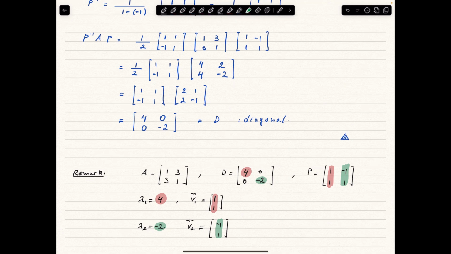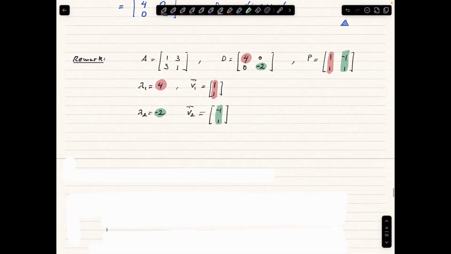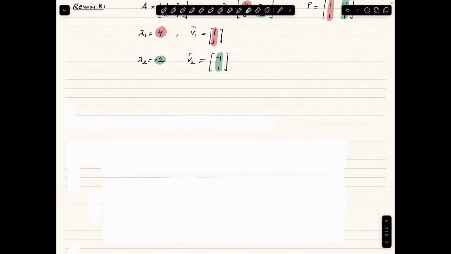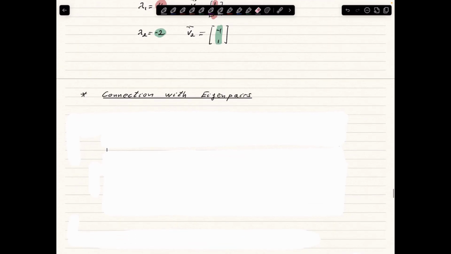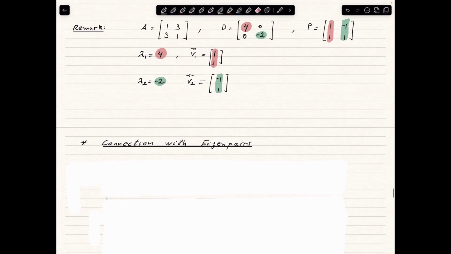Well, actually, what this calculation suggests is true in general, and this is our next result. Our next result is the connection between the diagonalizable matrix and its eigenpairs.